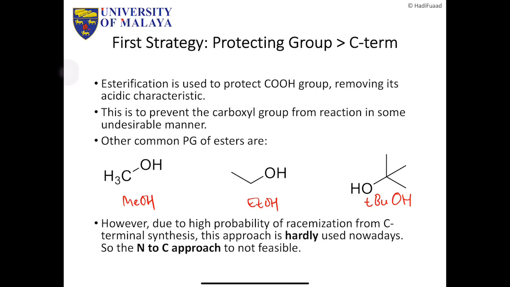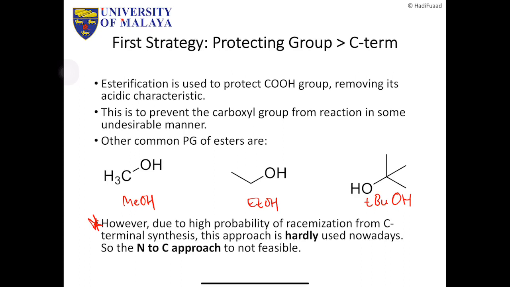Again, the different types of protecting group differ in the degree of protection that they can offer to the carboxylic acid group. Remember electron donating, electron withdrawing, and so on. Those things that you've learned are applied here. However, due to high probability of racemization from the C-terminal synthesis, this approach is hardly used nowadays.